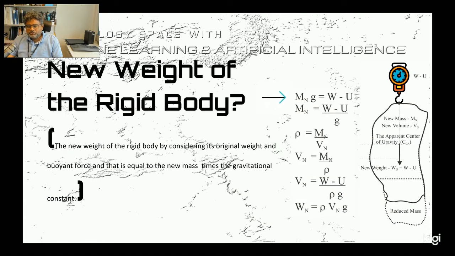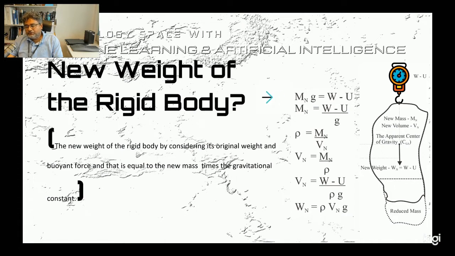So let's go through some parameter relationships for this new rigid body, which is the original rigid body with the reduced mass. So initially, let's say the weight of that rigid body is equal to the new mass of that rigid body times the gravitational constant, which is represented by mn times g.